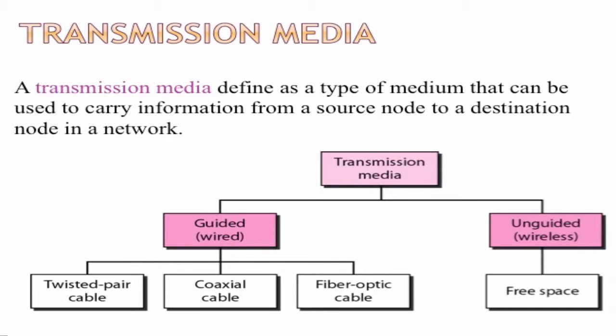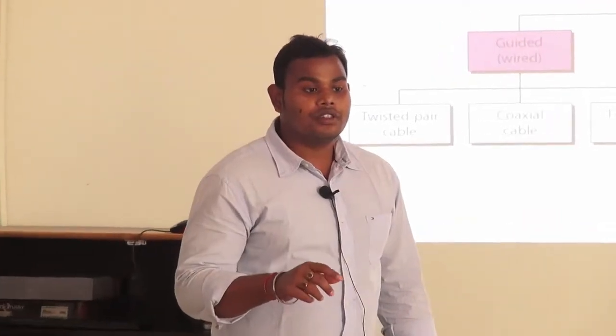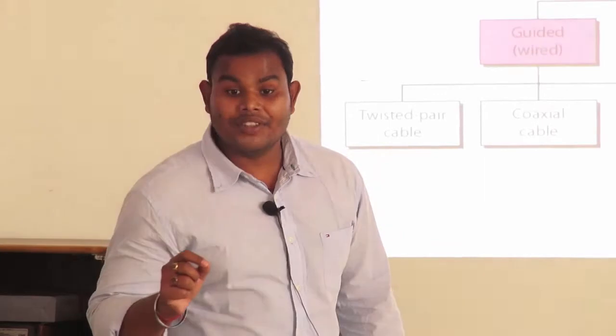After that, the most important thing is how the data is going to be transmitted using nodes, using communication media, and the type of media depends upon the topology as well as the type of network. Whatever the media, there are different types.